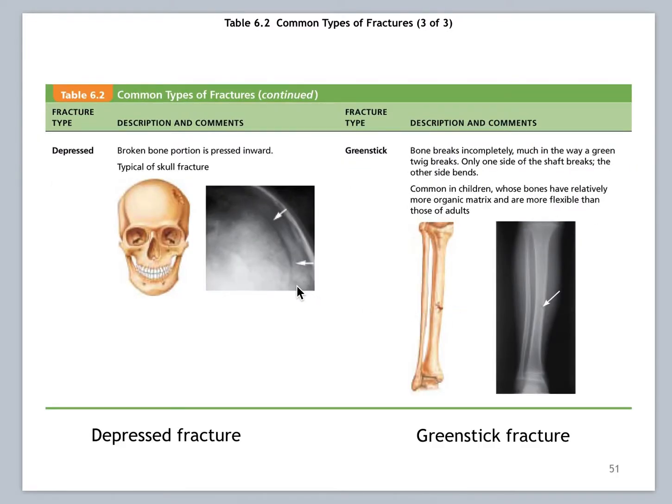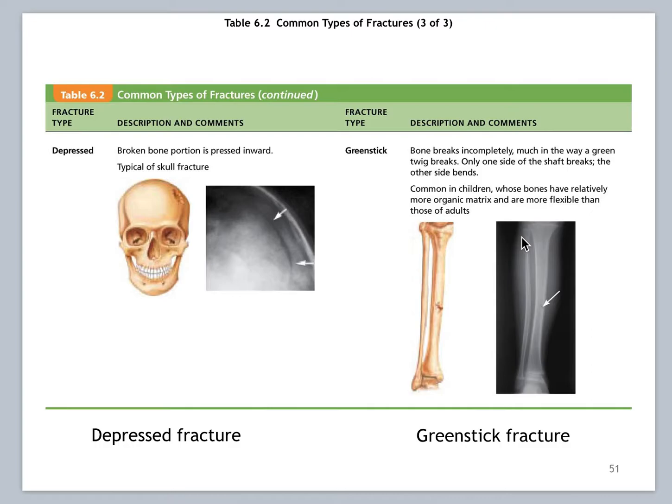A depressed fracture is seen in a skull fracture. It's a result of a broken bone portion pressed inside. It's inward press. It's depressed. It has a depressed area. A greenstick fracture is common in children. It's basically an incomplete fracture in which only one side of the shaft breaks.